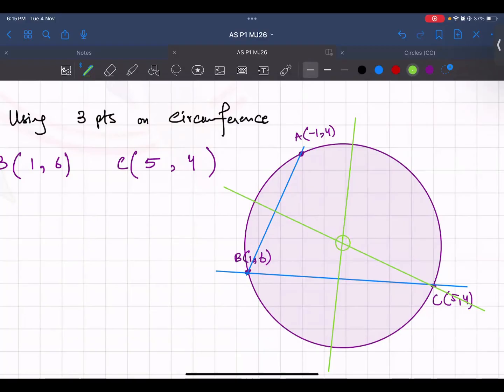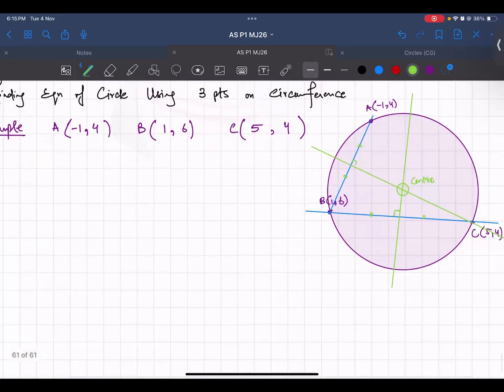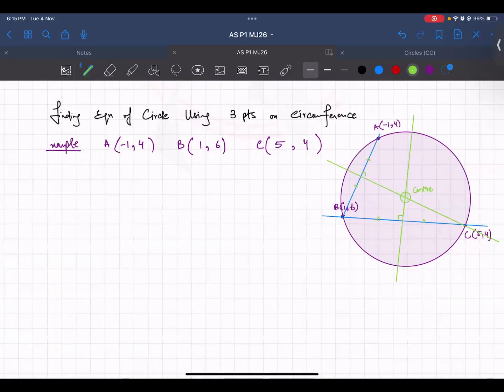So the point of intersection between the perpendicular bisectors of the chords will be the center, isn't it? So this is what you do. You can find the perpendicular bisector of AC as well. Any two chords, take any two chords, find the equation of the perpendicular bisectors of those two chords, and solve them simultaneously. You will get the center.